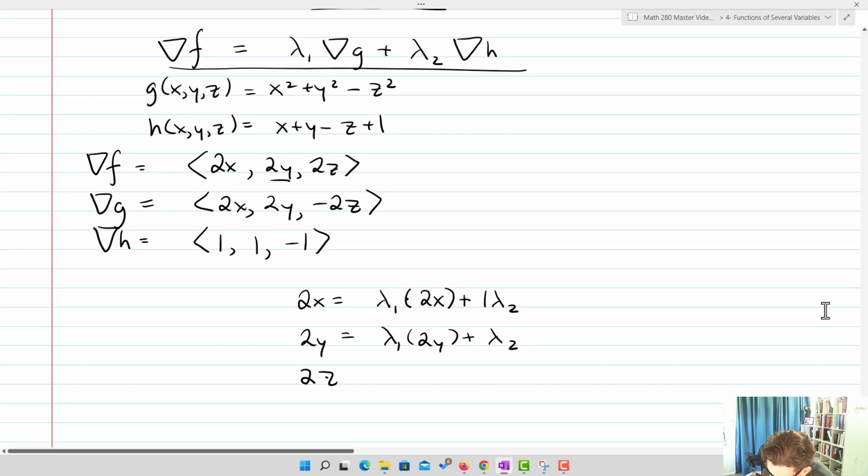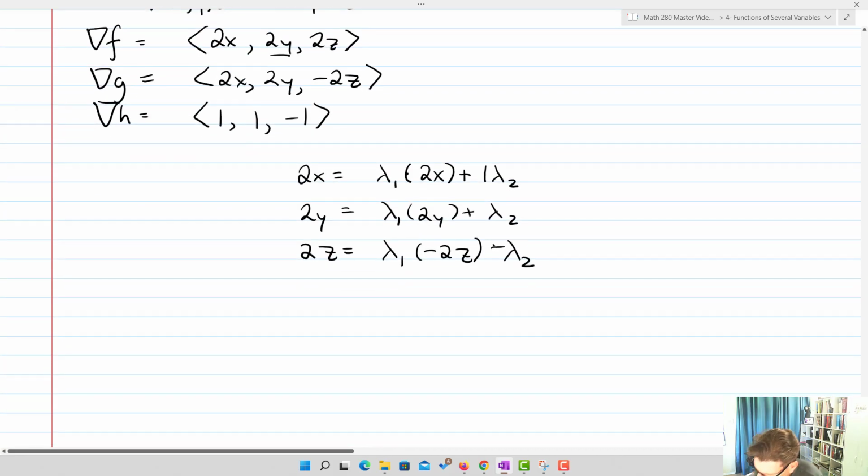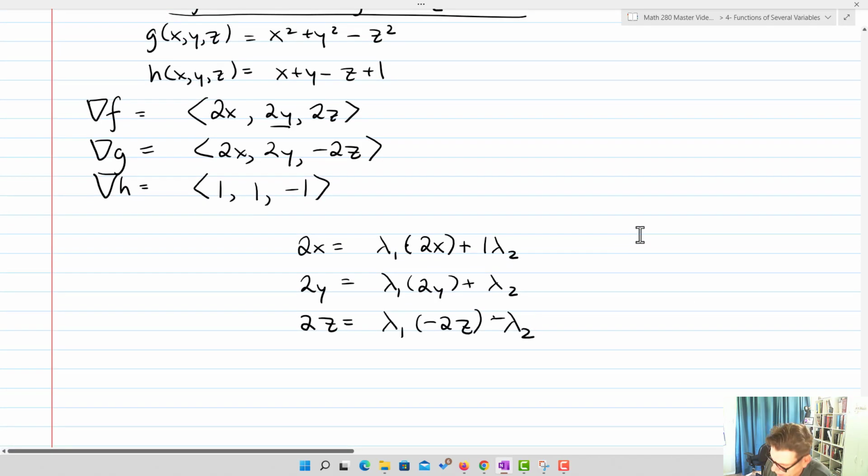And 2z is going to equal lambda 1 times negative 2z minus lambda 2. And then we have our two constraints: x squared plus y squared minus z squared equals 0, and x plus y minus z plus 1 equals 0.